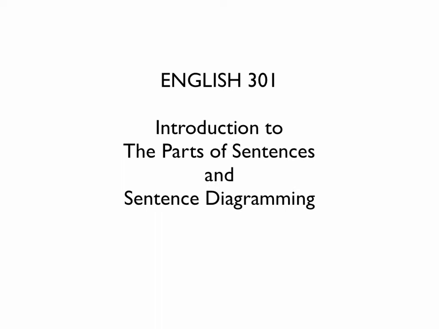There are 6 parts of sentences in English and, I believe, in any language actually. We have the subject, predicate, direct object, indirect object, subject complement, and object complement. What you need to know is simply that syntax, or the parts of sentences, involves only these 6 pieces.